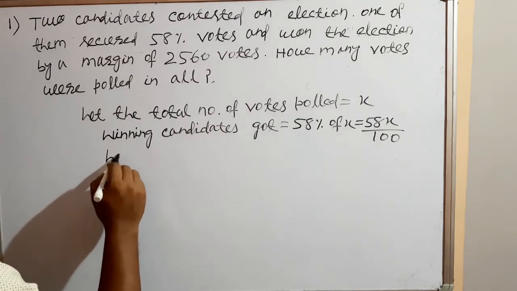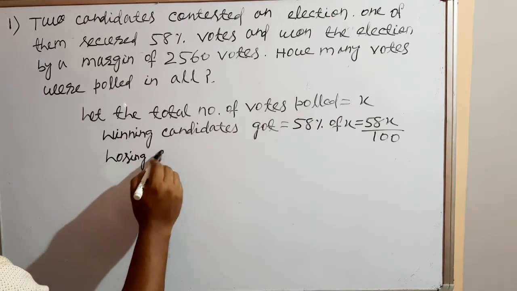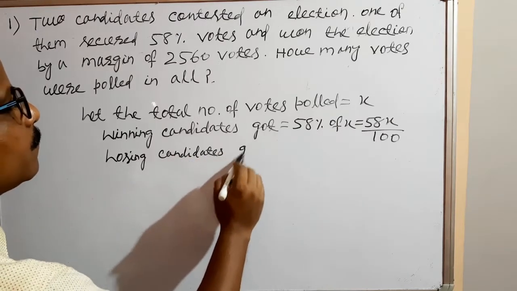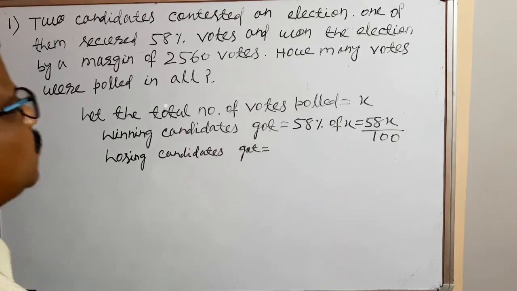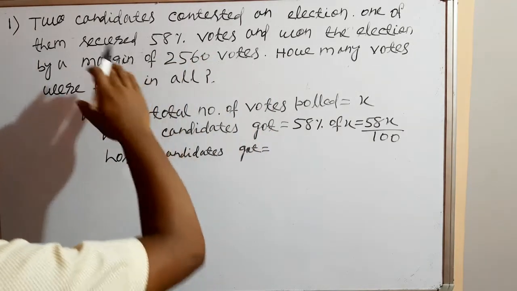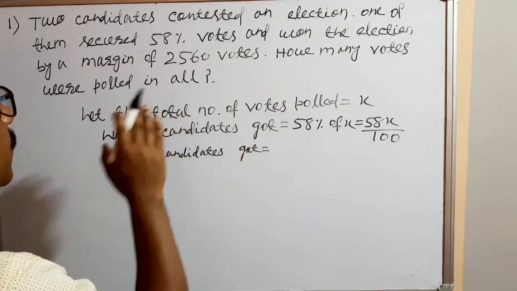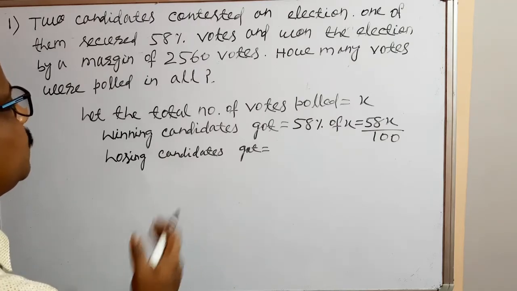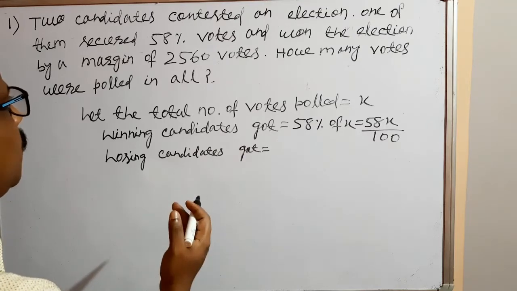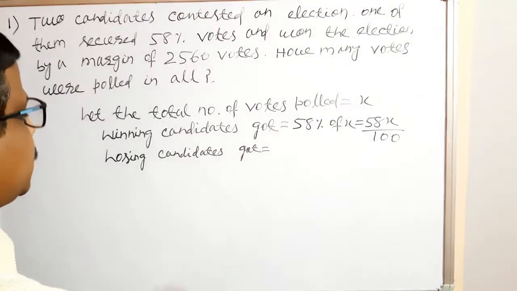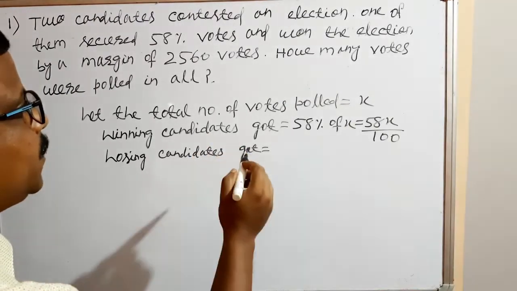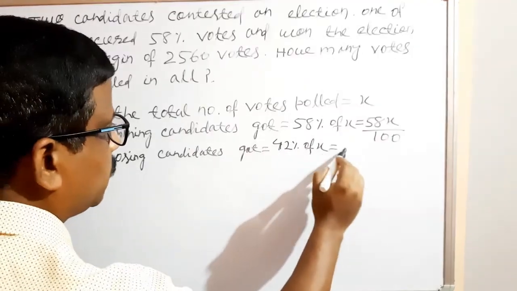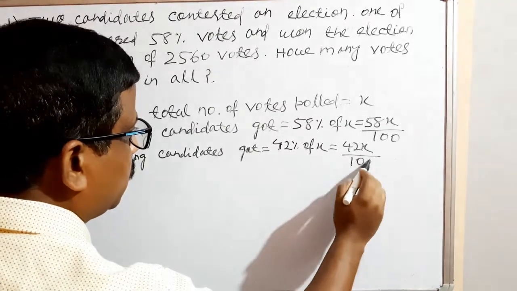So the losing candidate got 42% of the total votes. So 42% of x, that means 42x by 100.